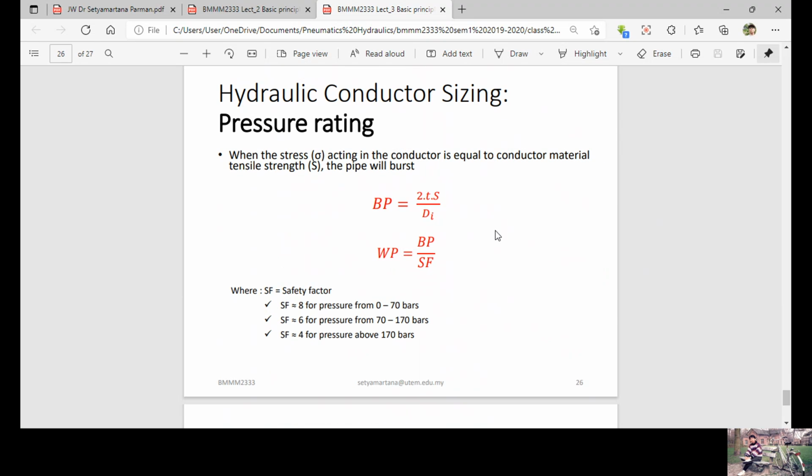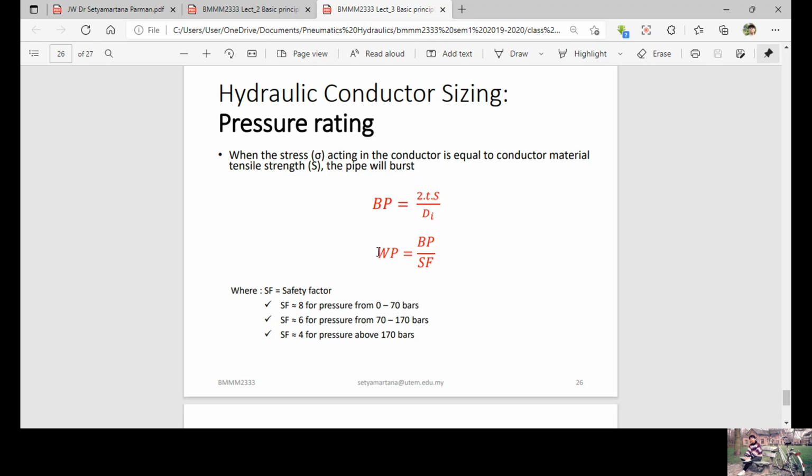And then when the stress, so it means normal stress sigma, acting on the conductor is equal to the conductor material tensile strength, the pipe will burst. So the burst pressure equals 2 T S, with S the tensile strength of the material, divided by DI.